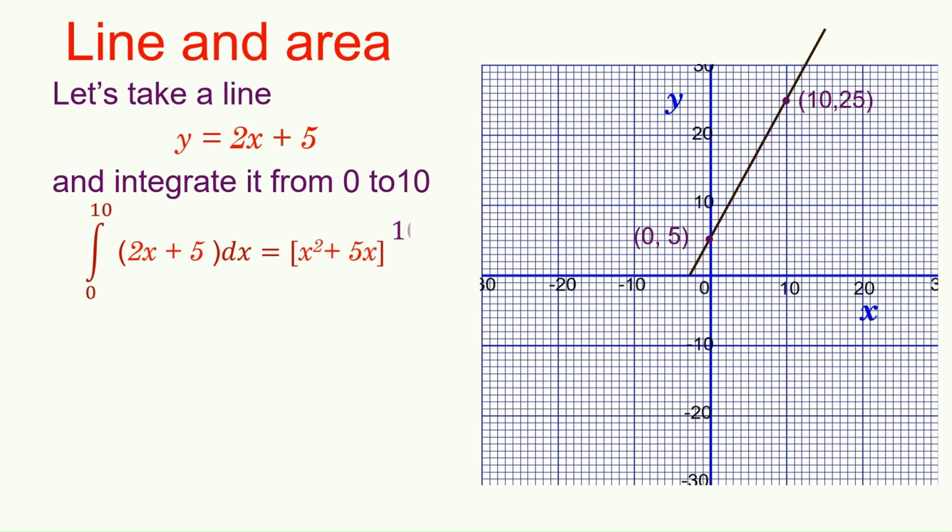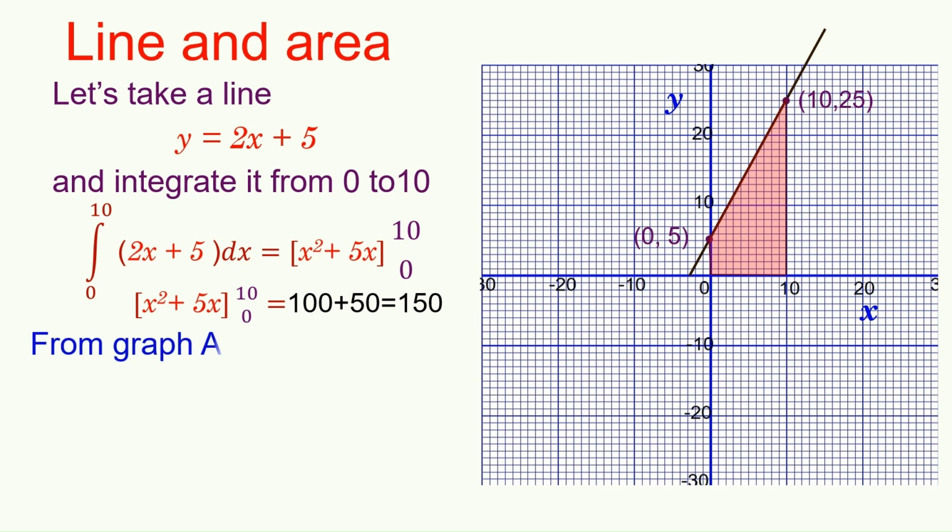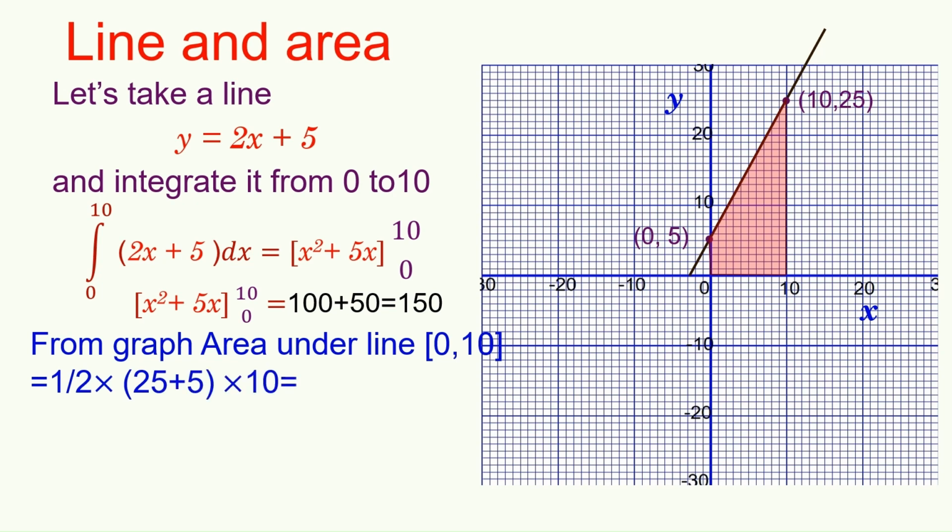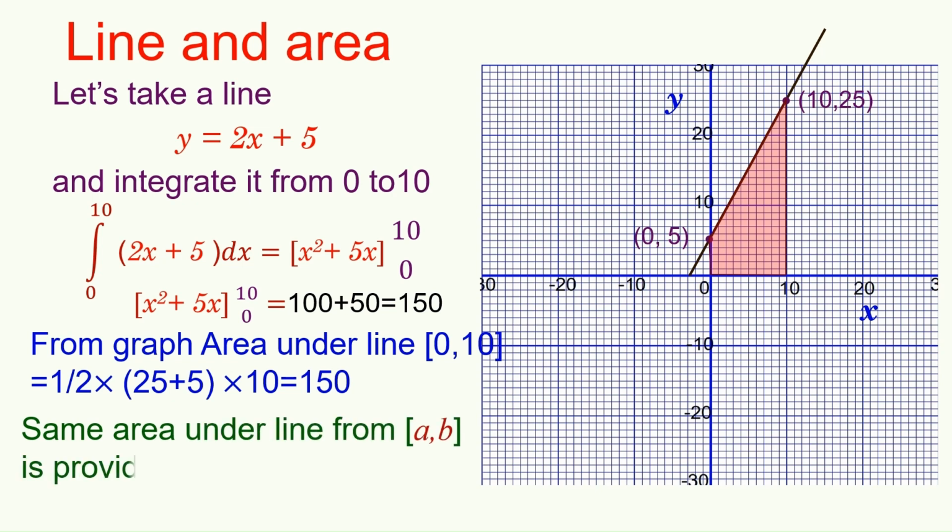Definite integral of y equals 2x plus 5 with respect to x from 0 to 10 equals x squared plus 5x evaluated from 0 to 10 equals 100 plus 50 equals 150. From the graph, the area under the line from 0 to 10 equals 1/2 times (25 plus 5) times 10 equals 150. It is the same: the area under a line from a to b is provided by the definite integral.